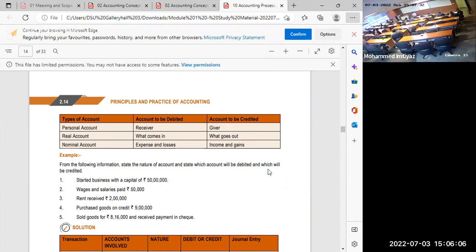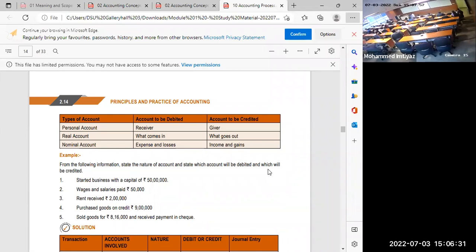What does the real account rule say here? Debit what comes in, credit what goes out. Is it coming or going here? Cash is going out, so we have to credit the cash. One is determined. What is for debit? Premium.